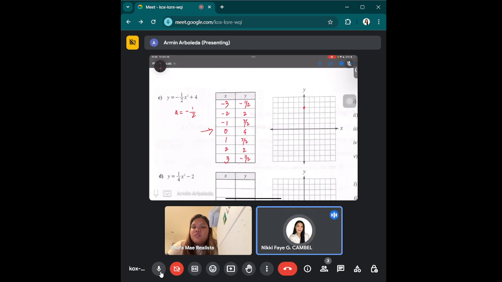Let's start with the positive values. 7/2 is around 3.5. So it's right about here.